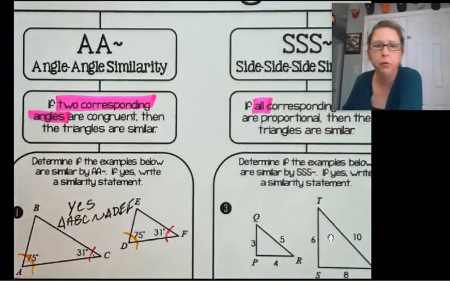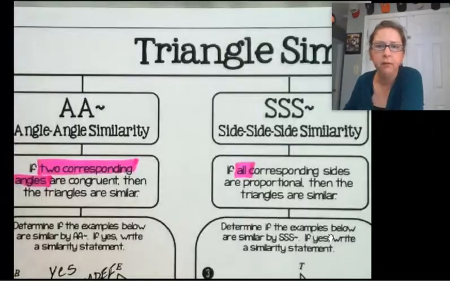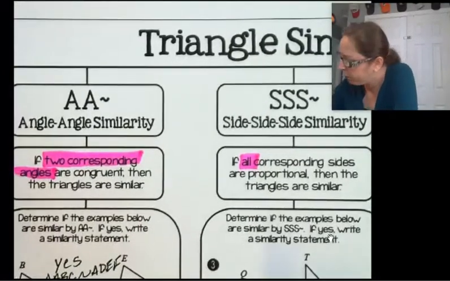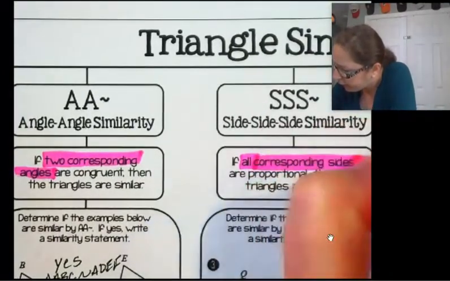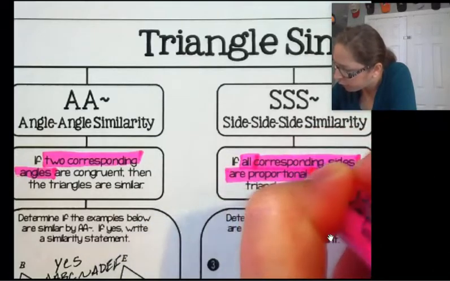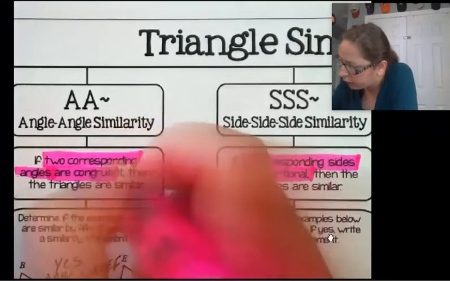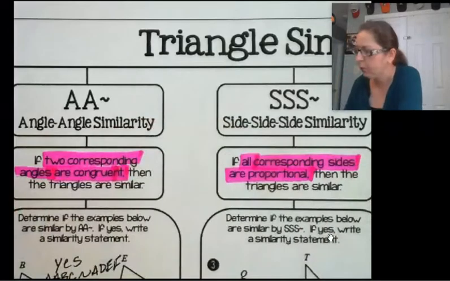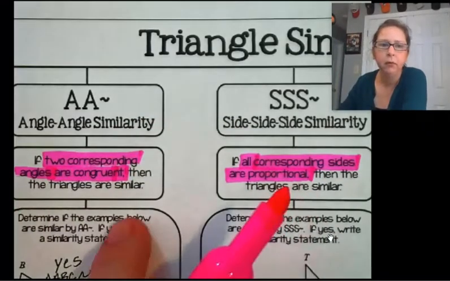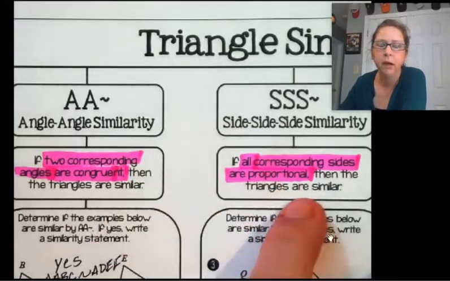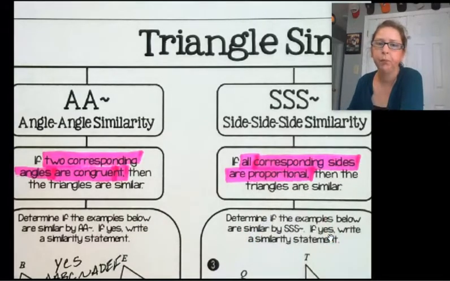So that's two corresponding angles. This is going to be all corresponding sides. And then notice the differences in the words proportional and congruent. Angles are congruent, sides are proportional.